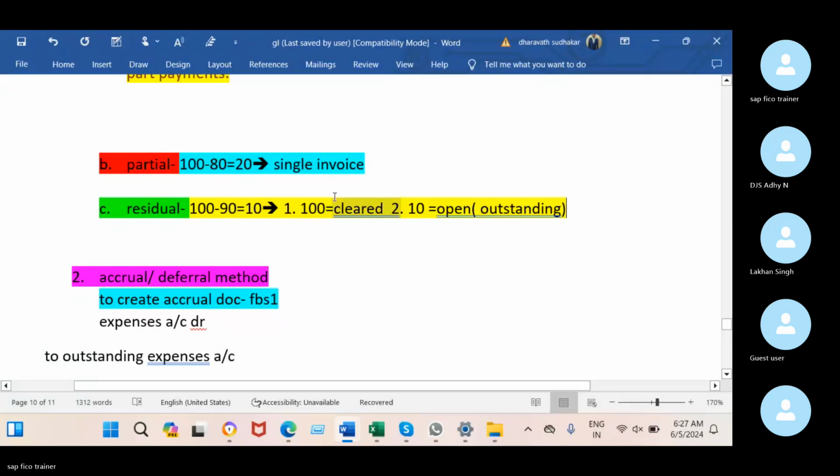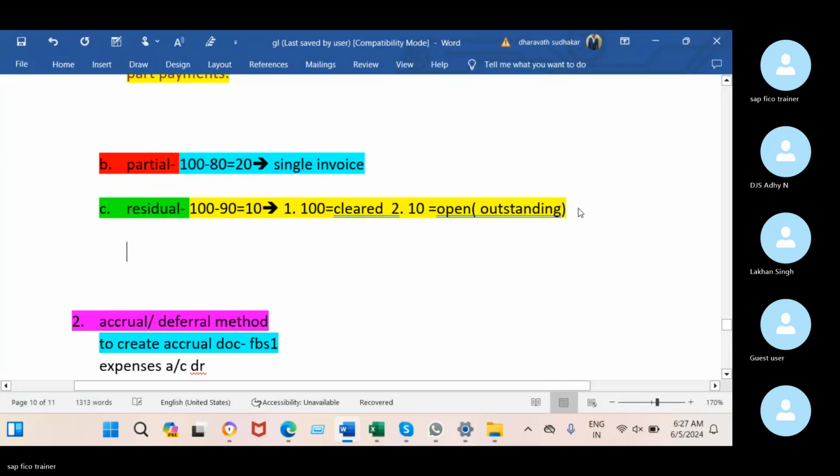Here, what is happening? You want to pay 100, but you are paying 90. What is the balance? 10 rupees, right? Yes. Here, 100 is showing as cleared, and for the 10, the system is generating a second invoice as open outstanding.